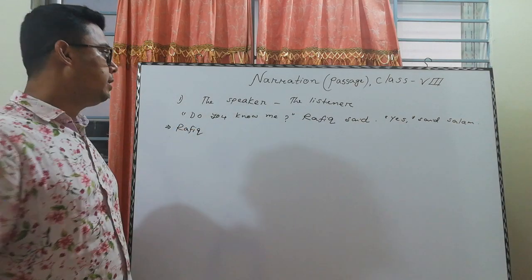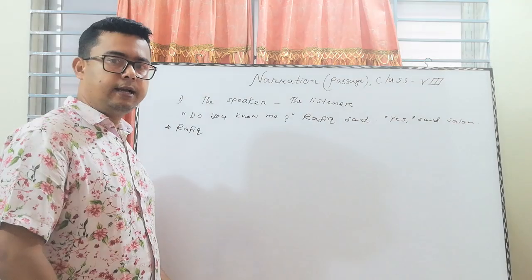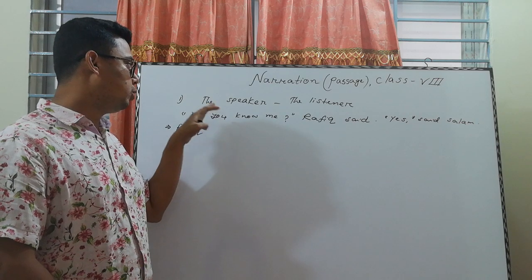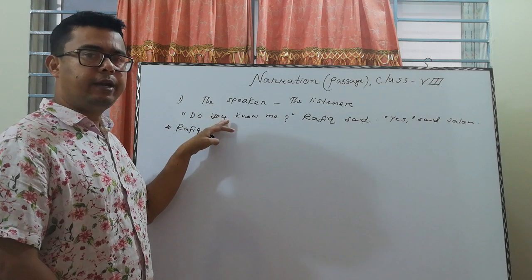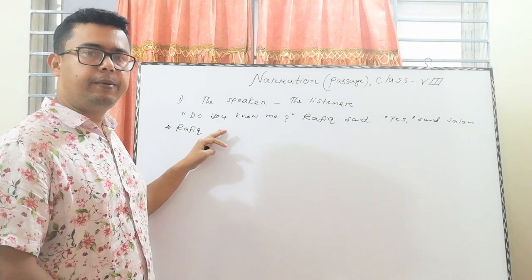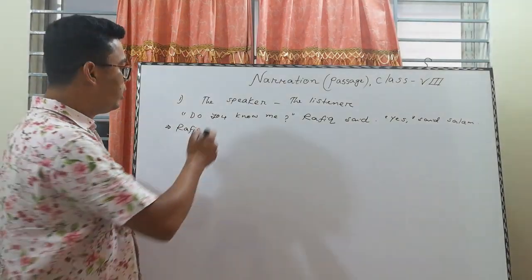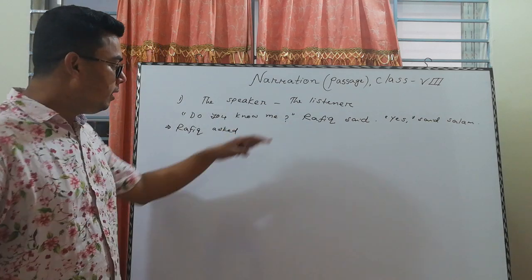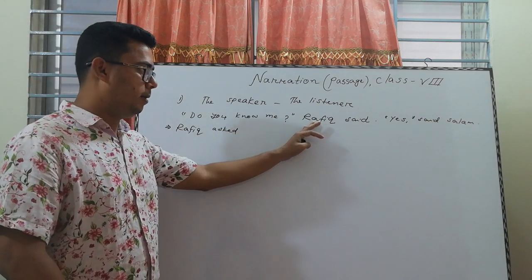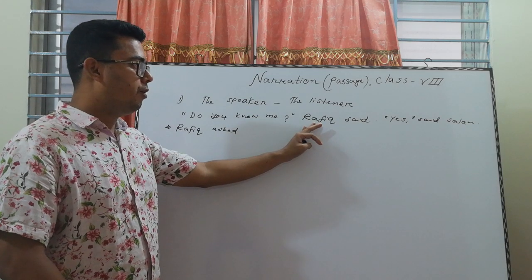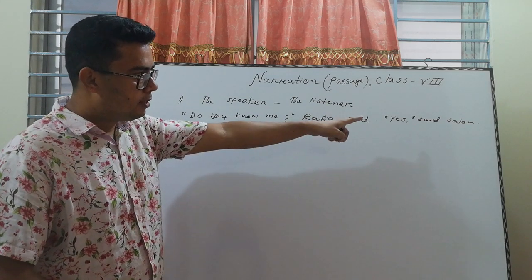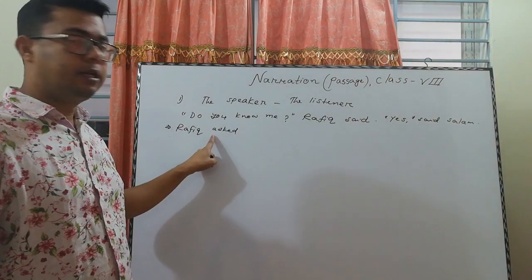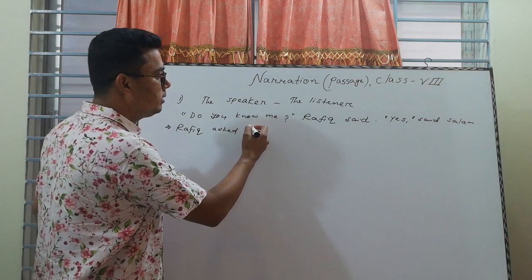In the previous class, I discussed detached sentences. I told you that if it is interrogative, then you have to carry the reporting verb asked or inquired of. So you can write here: Rafiq asked. In the first sentence, the listener is not available, but when you read the passage wholly, you can see Salam is the listener here. So we have to add the listener also: Rafiq asked Salam.